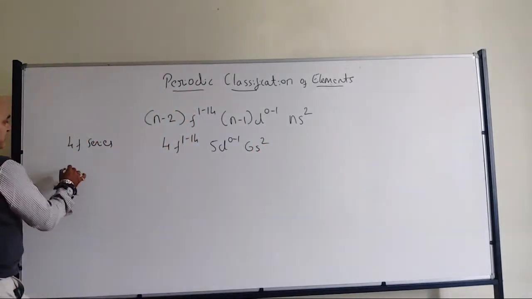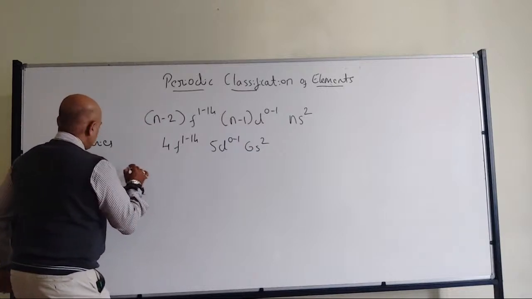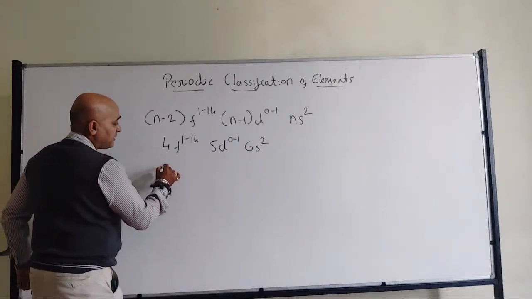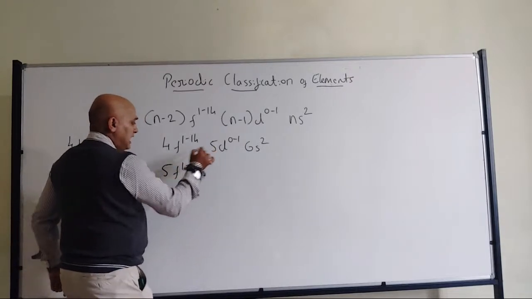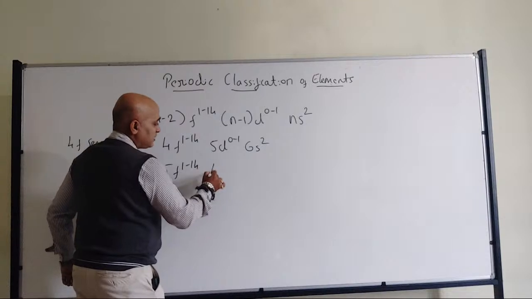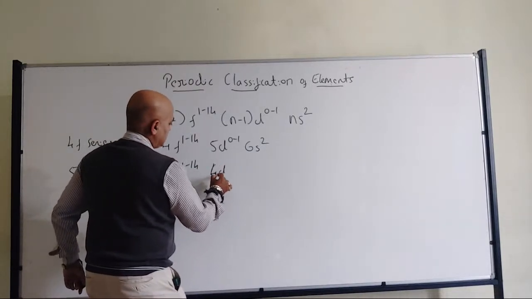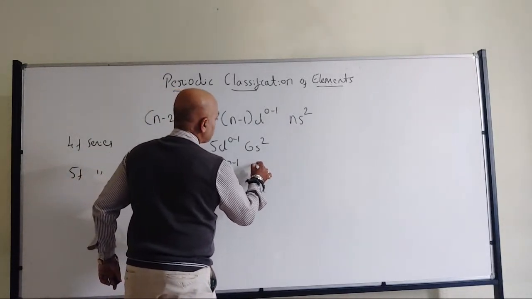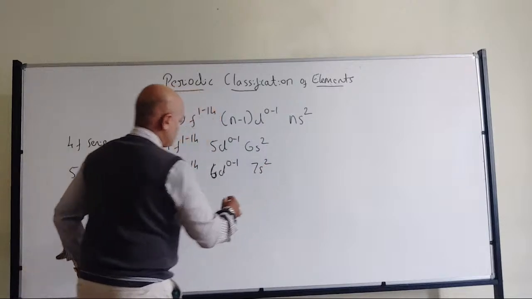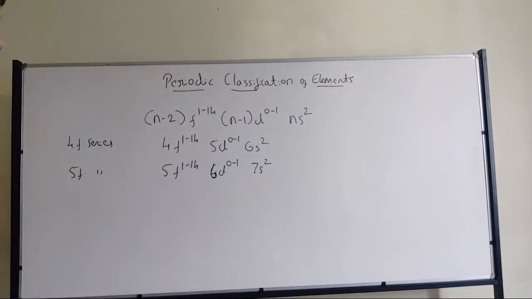Same if I am talking about the 5f series: 5f 1 to 14, and one less than this, 6d 0 to 1 and 7s2. That's where we can write the electronic configuration.